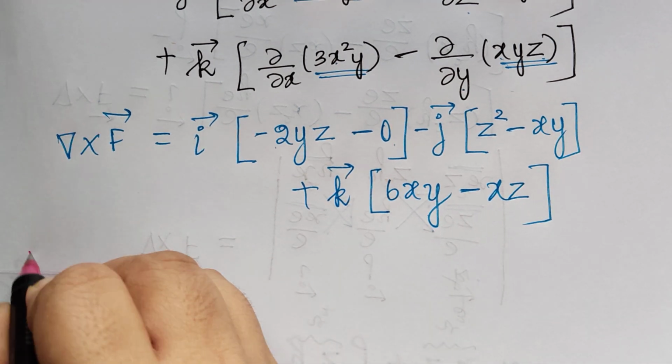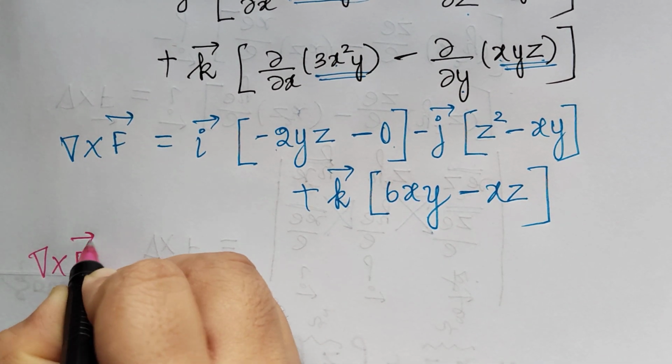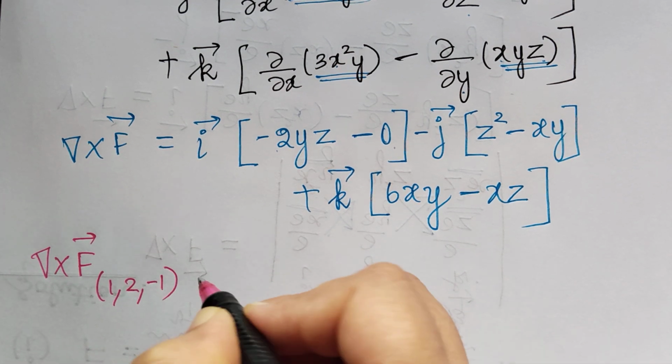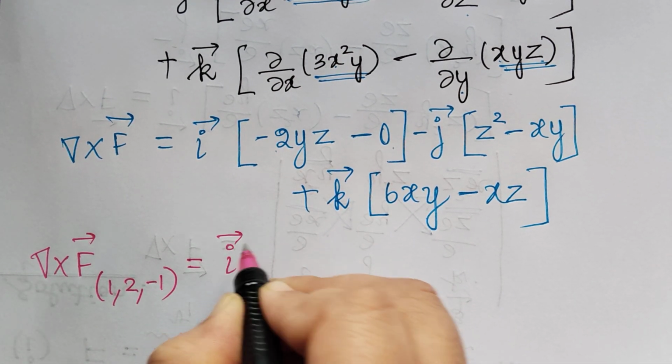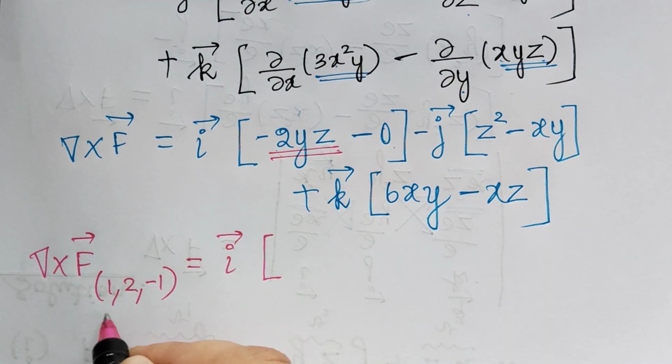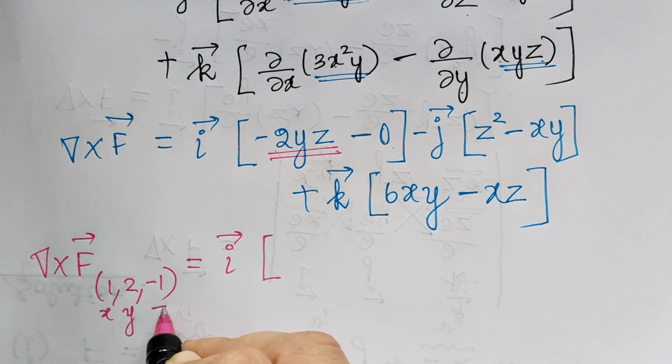So del cross f vector at the specified point, which is 1 comma 2 comma minus 1, is equal to i vector multiplied with, here we will substitute the values of x, y and z, that is, this is x, this is y, this is z.